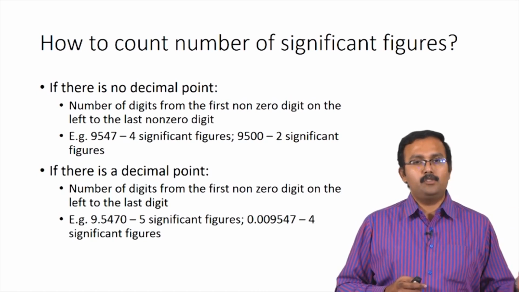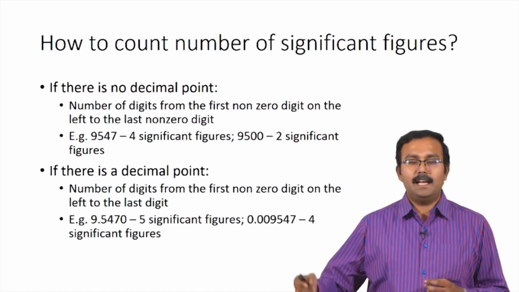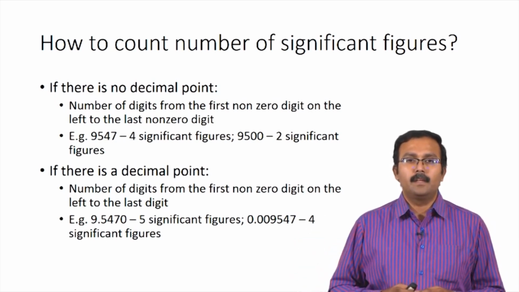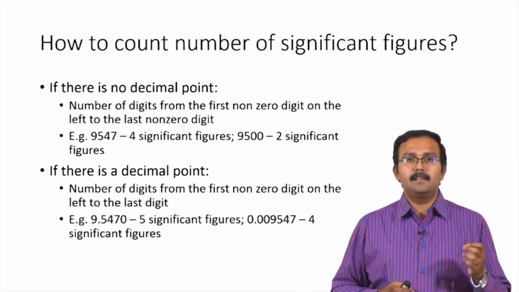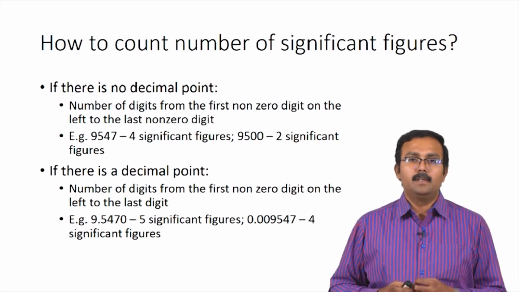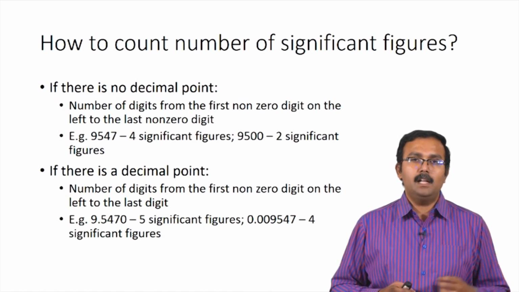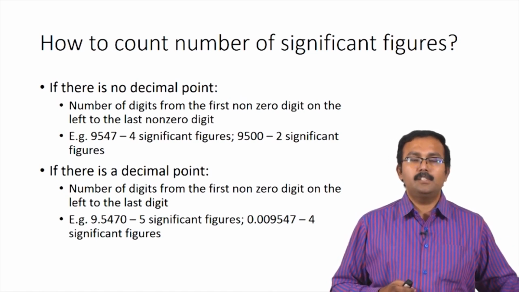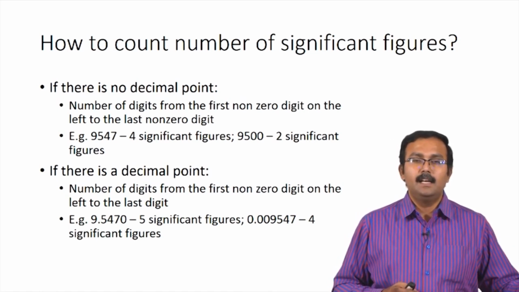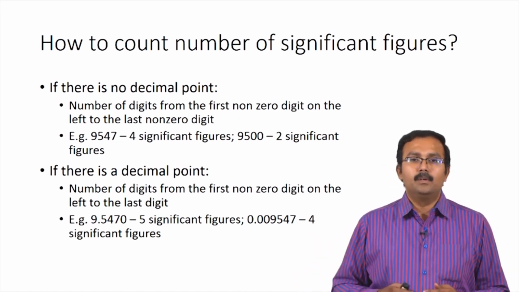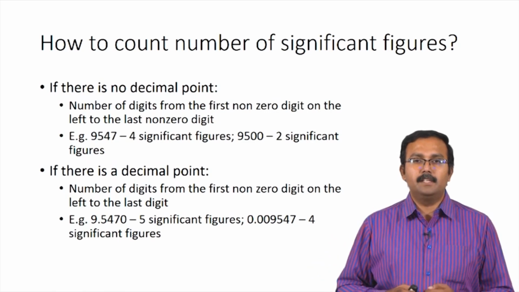If there is a decimal point, then what you do is you count the number of digits from the first non-zero digit on the left to the last digit. It does not matter if your last digit is 0 or non-zero. Example given here is 9.5470. This would have 5 significant figures. Because there is a decimal point, I will start from the first non-zero digit on the left, which is 9, and go all the way to the last digit, which is 0. So, that gives me 5 significant figures.